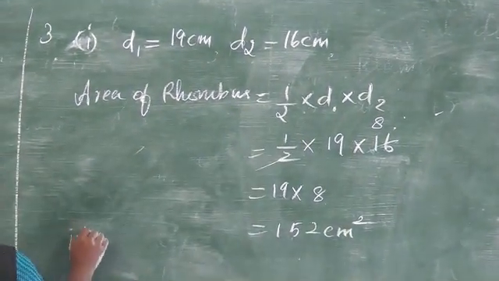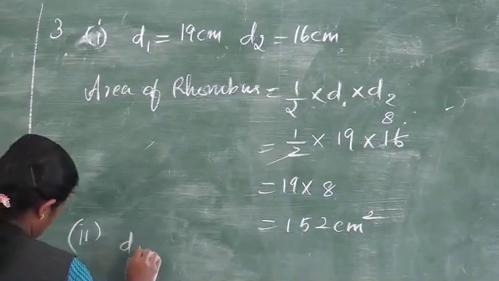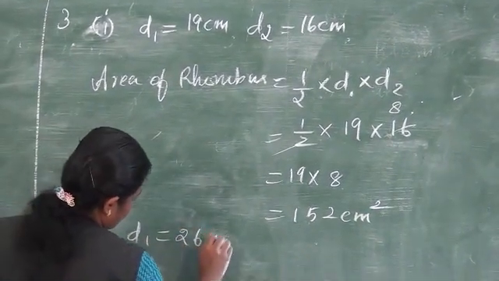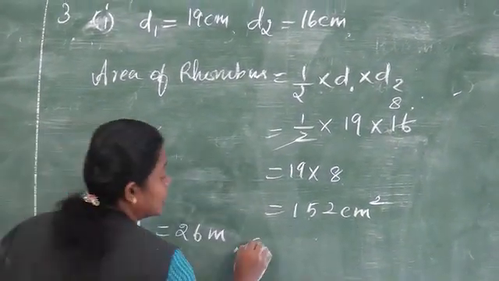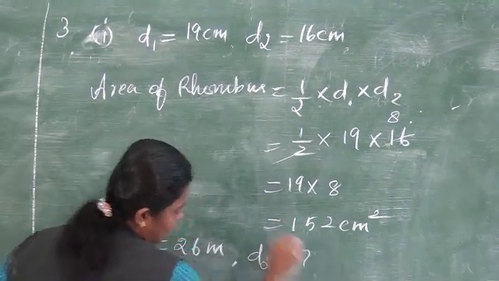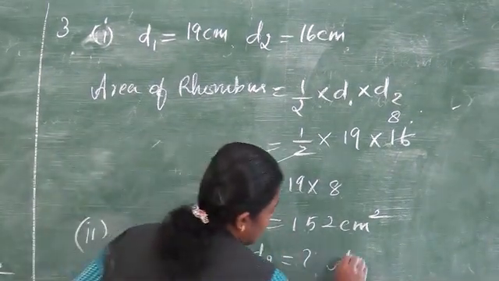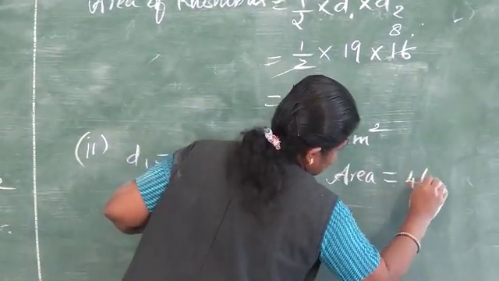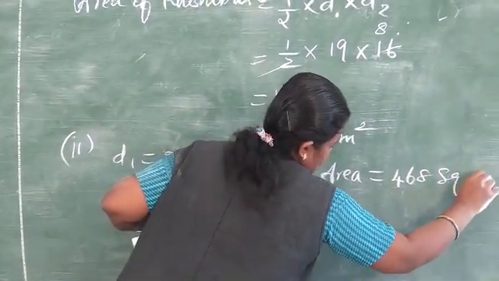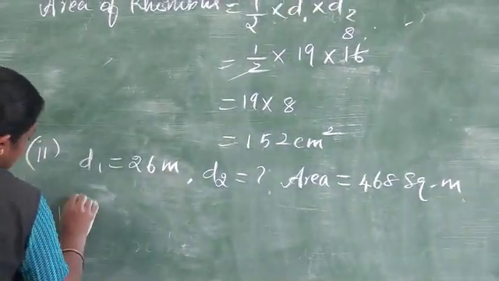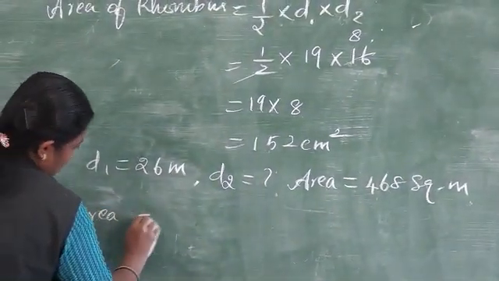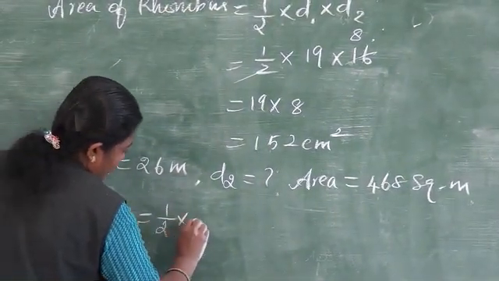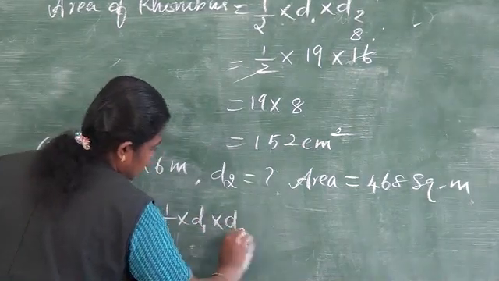The second one, D1 is given to us. D1 equal to 26 meter. D2 we don't know, as it is we keep it, and area equal to 468 square meter. What's the area formula? Area equal to half into D1 into D2.